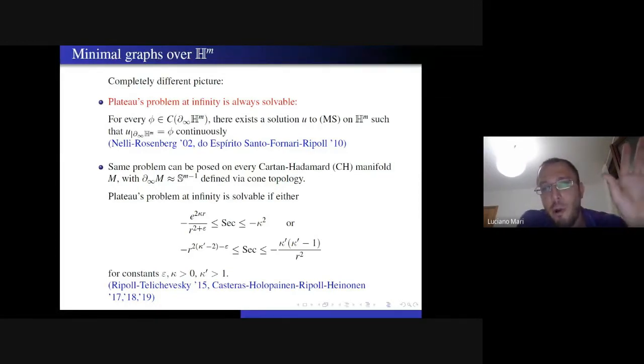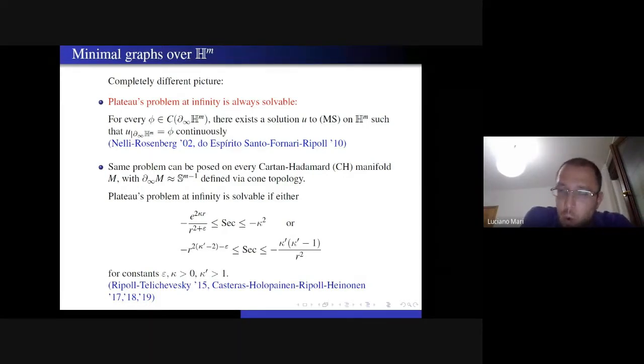Each of these manifolds is topologically Euclidean space, and it can be seen, it has a boundary at infinity appropriately defined. It can be seen that the problem is solvable if the sectional curvature does not approach zero too fast, but it is also pinched. So a one-sided bound in many cases is not sufficient, but the picture is subtle.